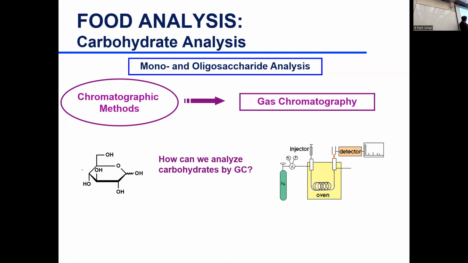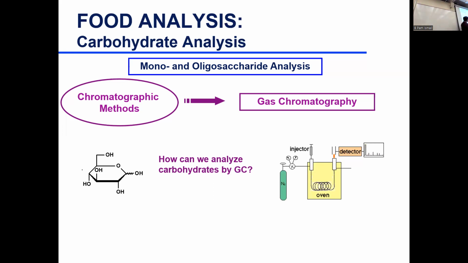Carbohydrates, monomers, dimers and oligosaccharides, are not volatile, right? Like your fatty acids, they're not volatile, and they degrade at high temperature.